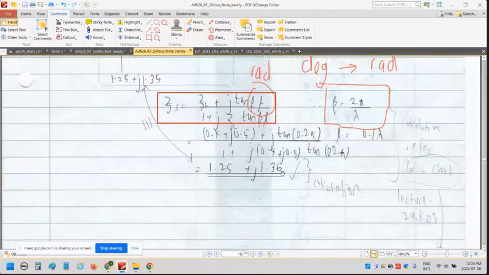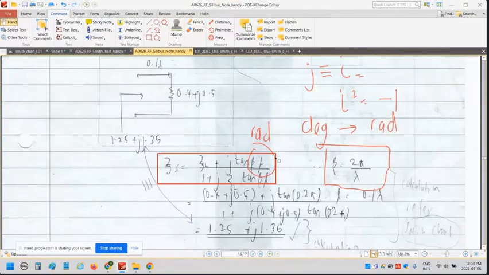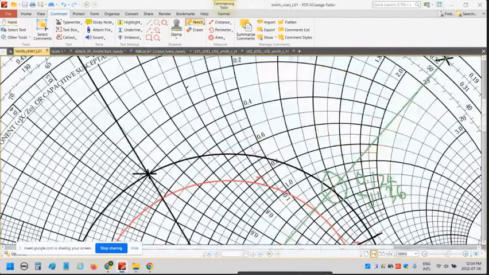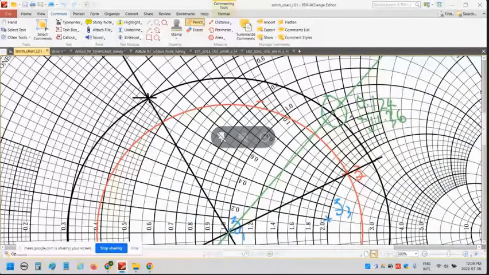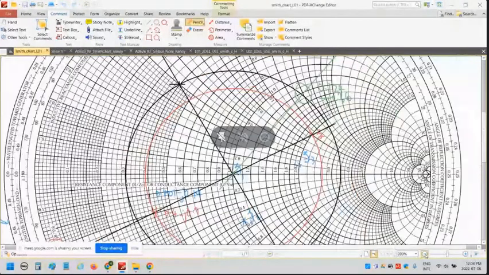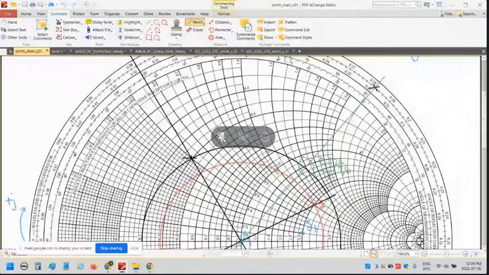So what I want to tell you is that this one is the calculation, and this is the method using the Smith chart. If the question asks you to use a Smith chart to get this value, you should use this method, and you can also double check.